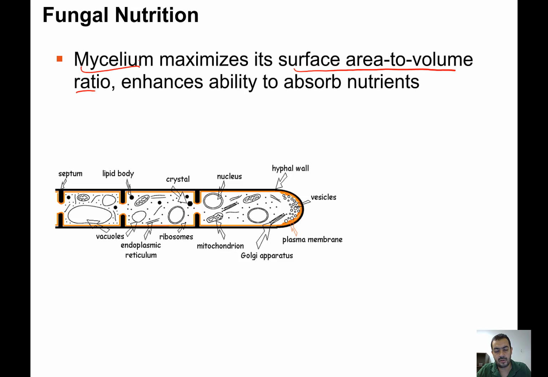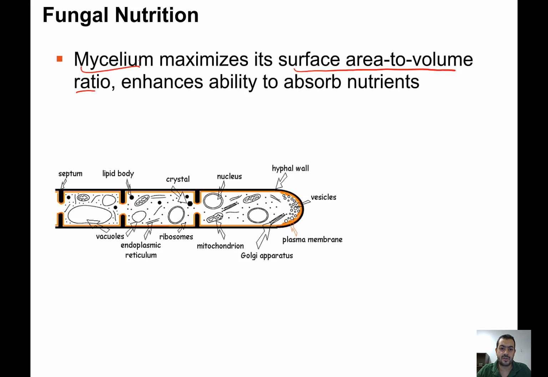These hyphae are divided into two types: the aerial hyphae, which extend in the air for the aim of dispersal of the spores, and the vegetative hyphae, which extend down in the media to absorb the nutrients in a similar way to the roots of the plant.